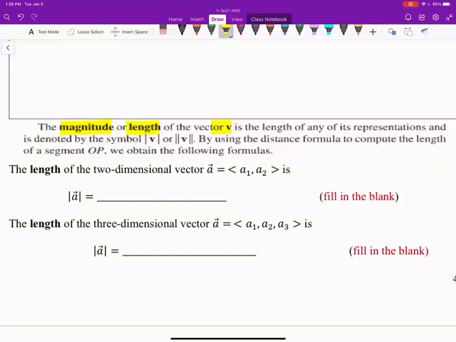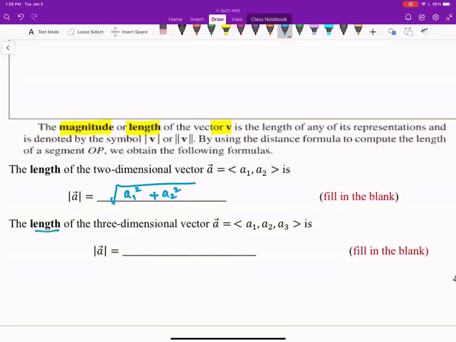The length of the two-dimensional vector A, which has components A1, A2, is the square root of A1 squared plus A2 squared.